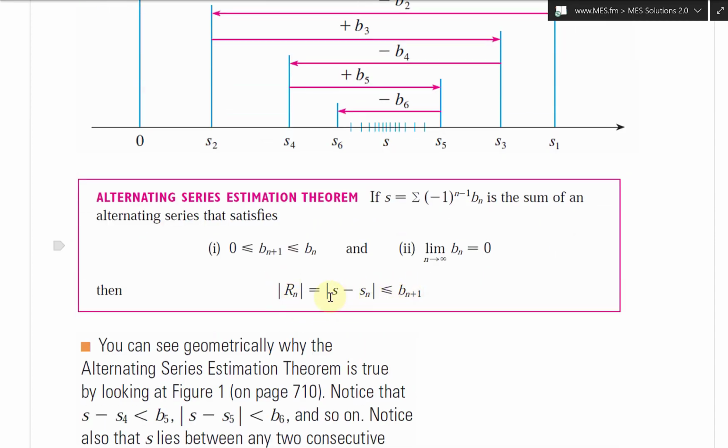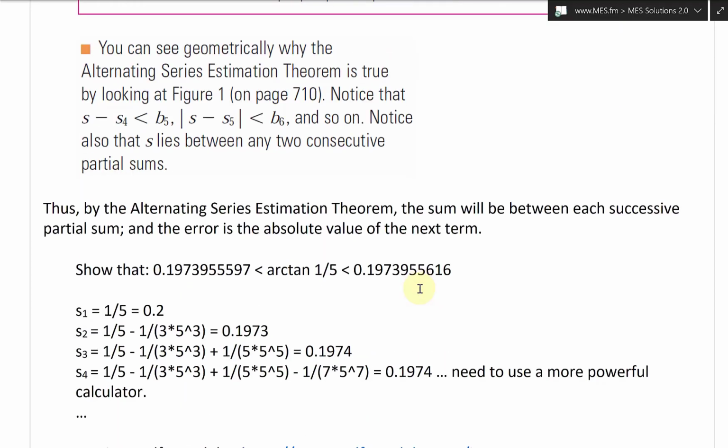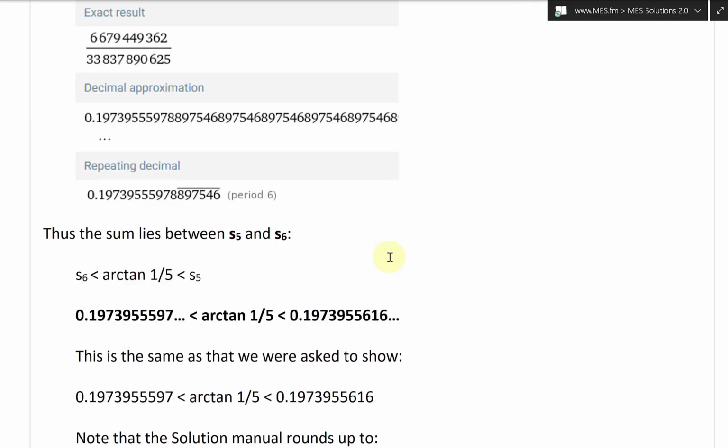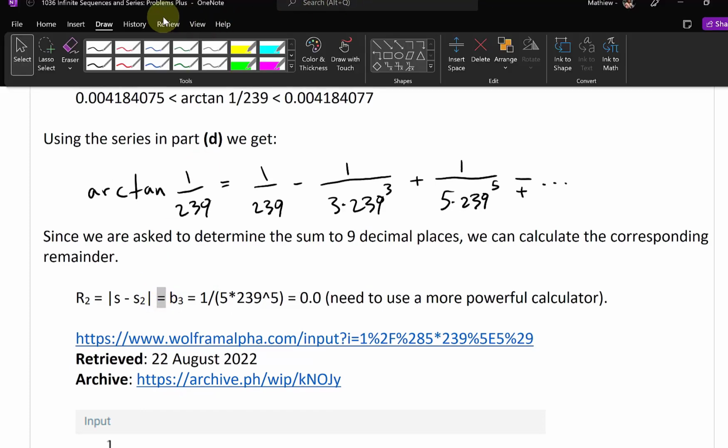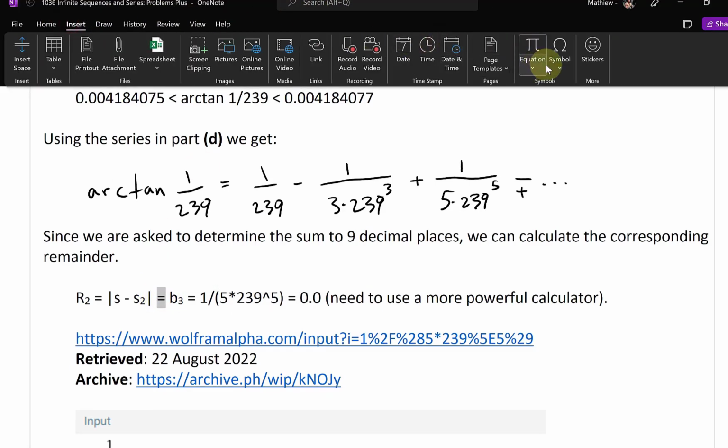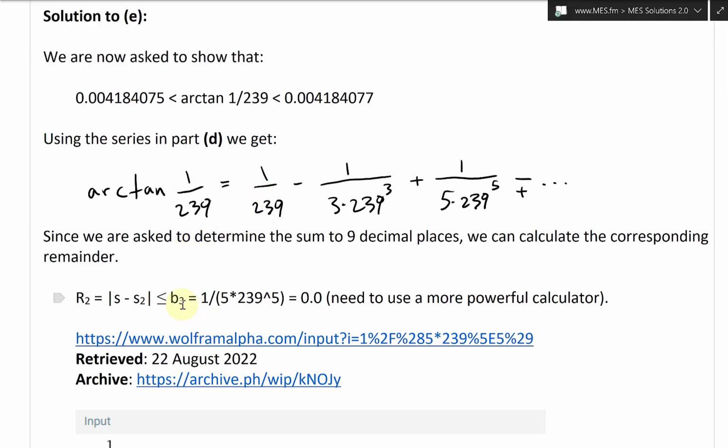So S minus S2 is less than or equal to Bn plus 1. That's the remainder. So less than or equal to B3, which equals 1 divided by 5 times 239 to the power 5.